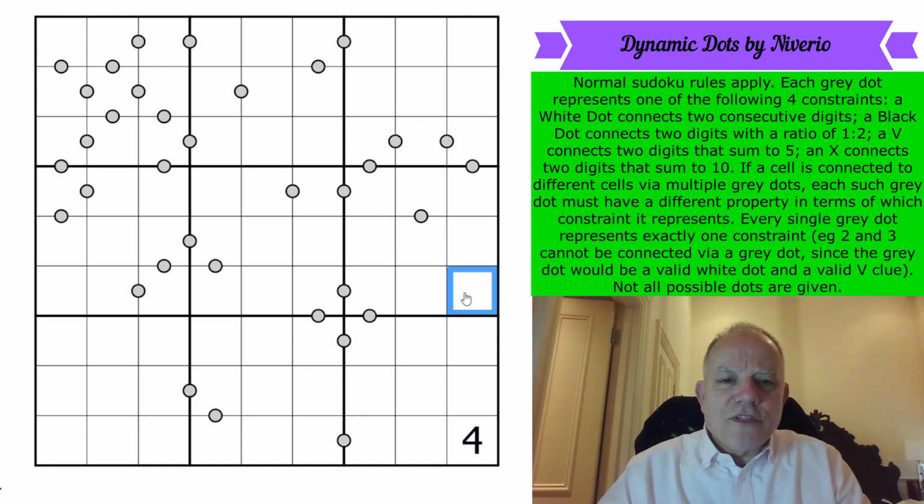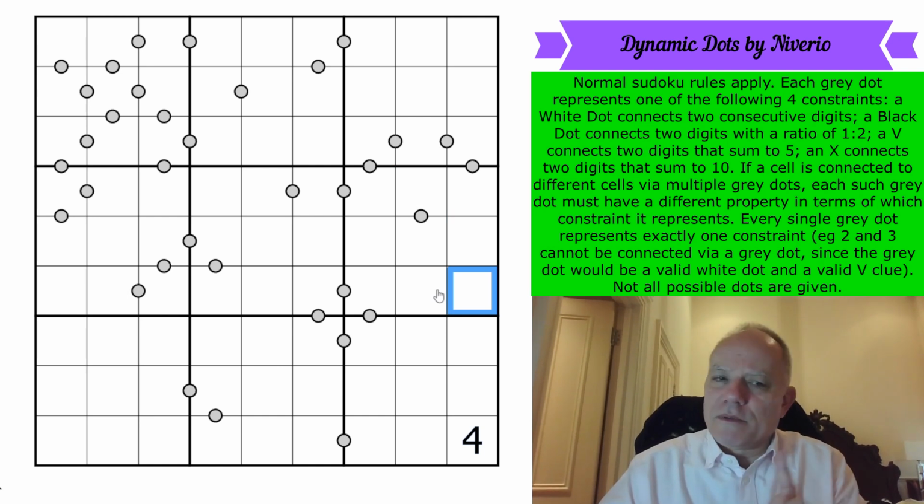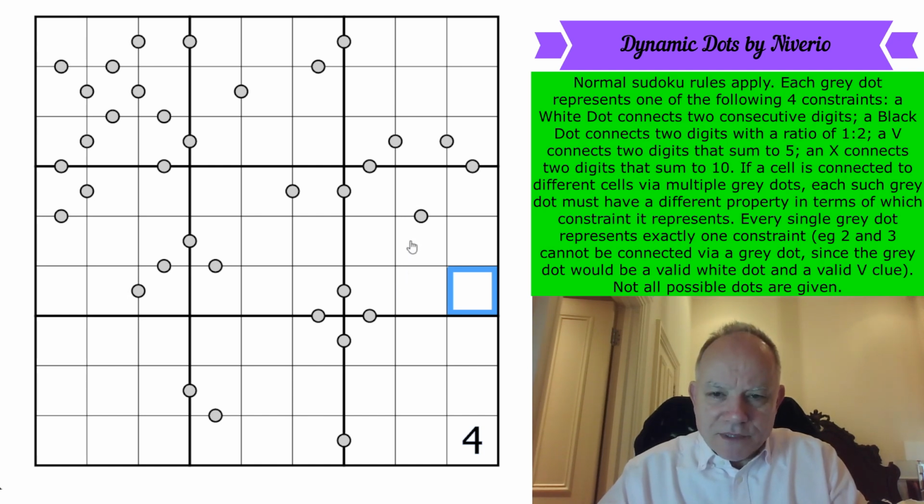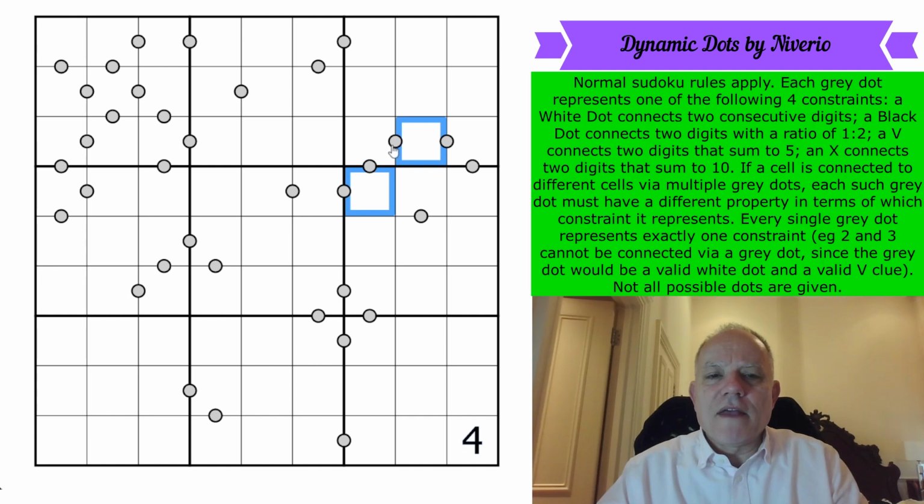I mean, you would think that there is no way of solving this puzzle, but there's a bit more to the rules. If a cell is connected to different cells via multiple grey dots, each such grey dot must have a different property in terms of which constraint it represents. So this cell is connected to both of these 2 by dots, and that means the 2 dots connecting to those cells have to have different properties.